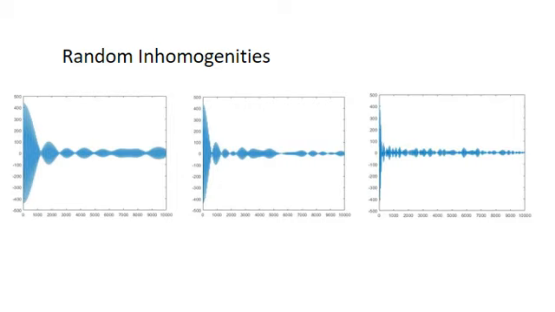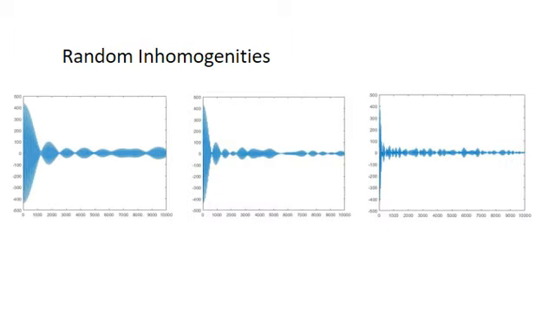And these are the results of the total magnetization decays as a function of iteration step. These three graphs correspond to three different standard deviations of the fluctuations, increasing to the right. Therefore, we can say that T2 relaxation due to the random inhomogeneities decreases with increasing standard deviation of the fluctuation. Also, some secondary peaks are formed.